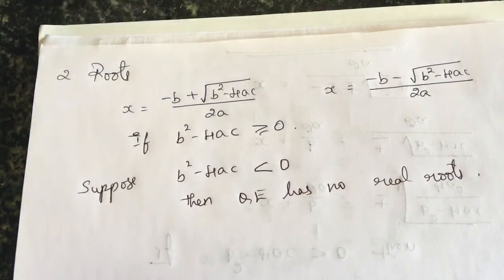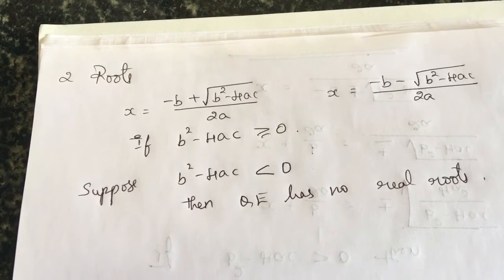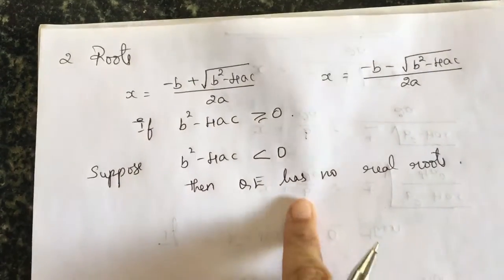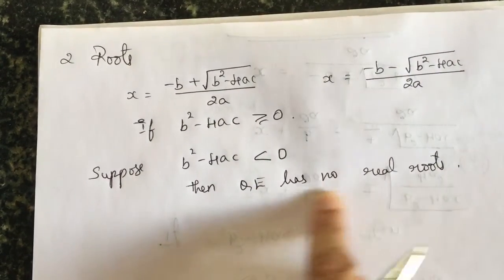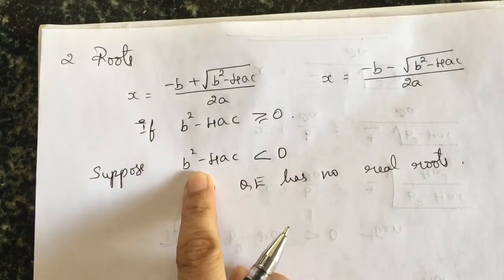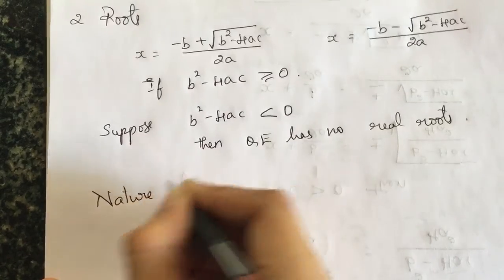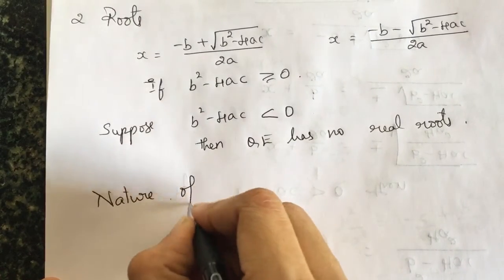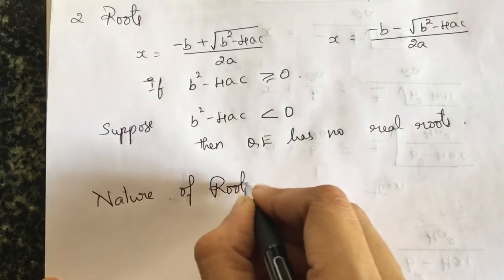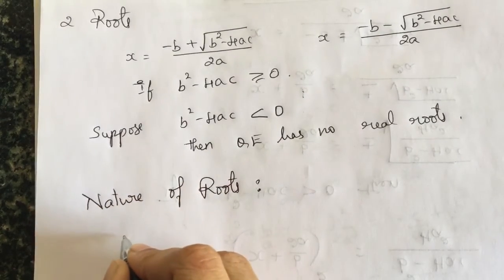That is the nature of the roots. We'll learn that first. While explaining that, I'll give you the reason why it does not have any real roots in this case. So let us learn the nature of roots of a quadratic equation.